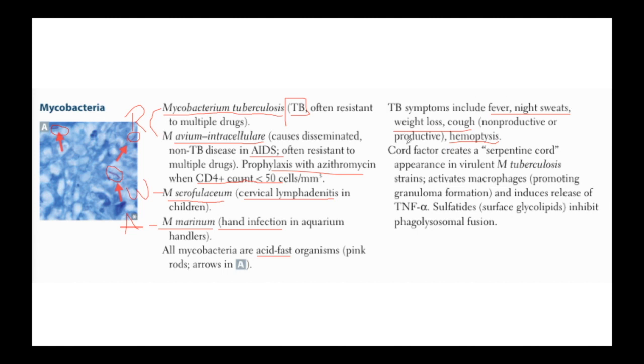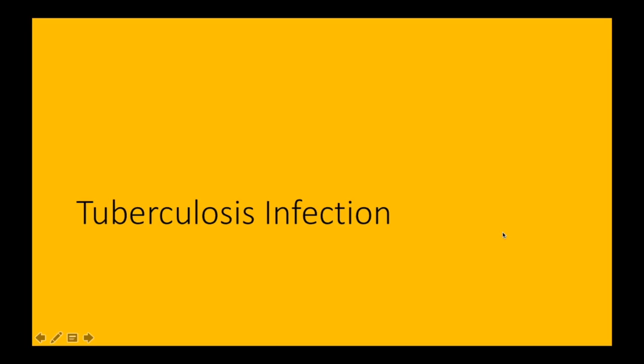And then we see cord factor here again being important as a virulence factor. Infection with mycobacteria will activate macrophages, promote granuloma formation, and then you have release of TNF-alpha. And then again, your sulfatides, like I mentioned before, will inhibit phagolysosomal fusion. Alrighty, so any questions on that before we move on to tuberculosis infection?